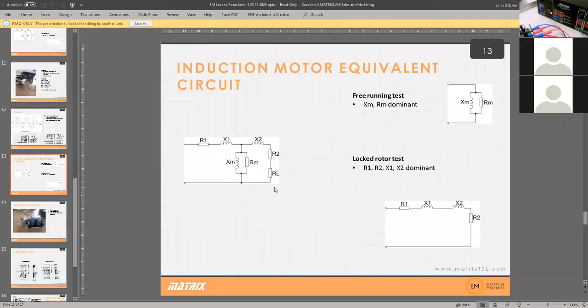Fortunately, you can conduct a set of identical experiments, where we do a free running test and a locked rotor test, and then we make some assumptions about the relative values in the circuit.